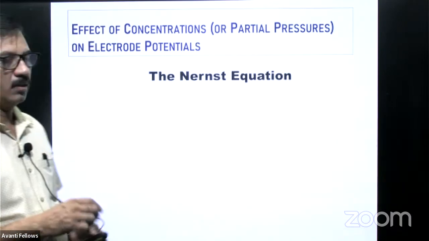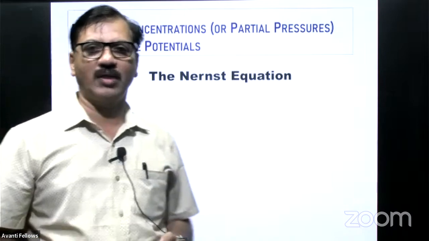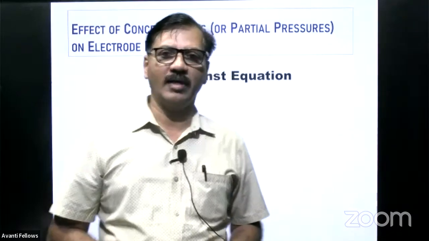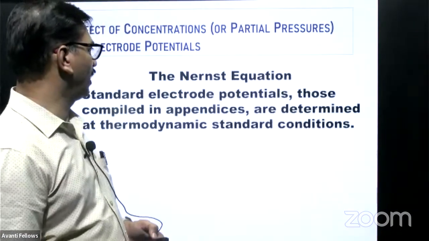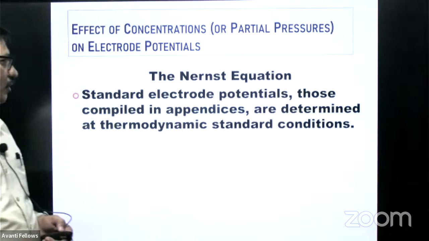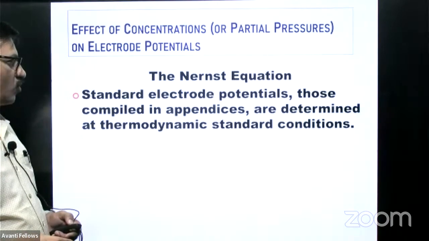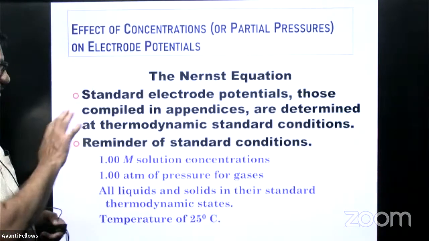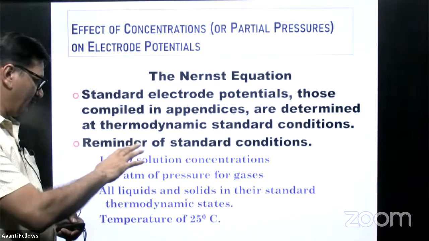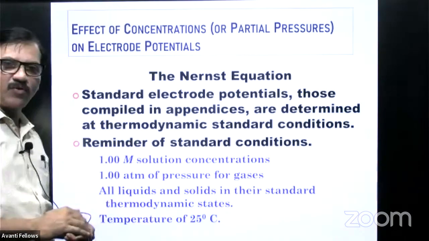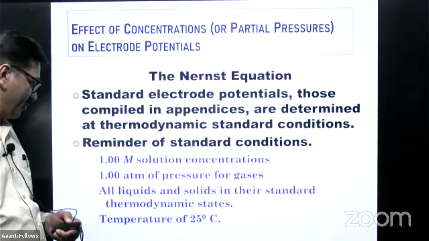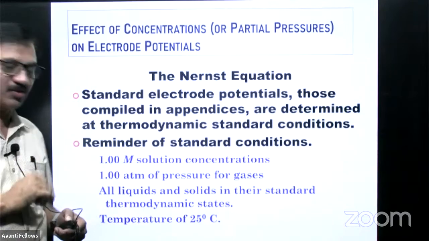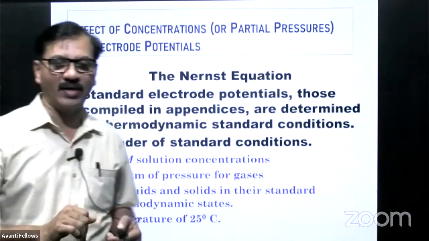The Nernst equation. Nernst proposed an equation which is useful for finding the electrode potential in non-standard conditions. In the thermodynamic standard condition, we have seen that there will be a 1 M solution, 1 atmosphere pressure for the gases if gases are components, all liquids and solids are taken in their standard thermodynamic states, and the temperature is 25 degrees Celsius.